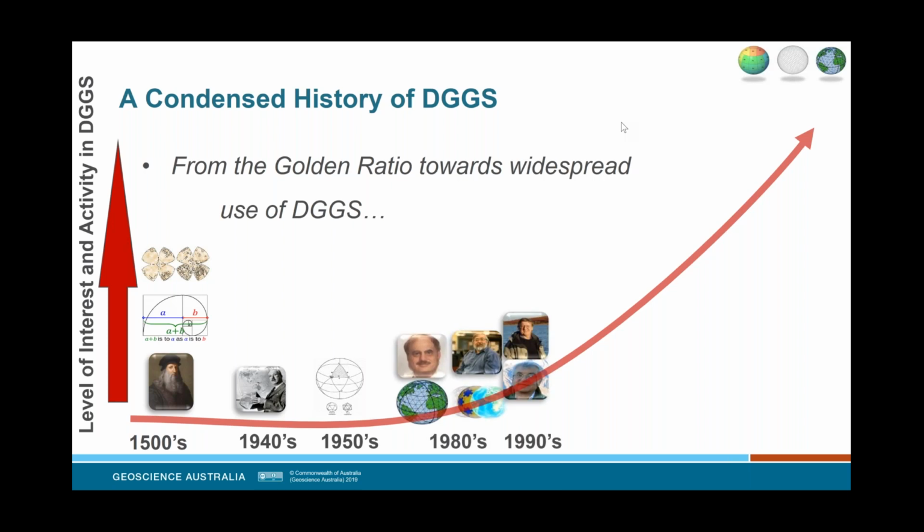And then again, there was another bit of a break in that part until the 1980s and 90s, when Peter Dutton, Michael Goodchild, Kevin Sahr, and John Kimerling did a lot of the heavy lifting from the academic side of things for the fundamentals of DGGS and defining the principles of, well, how would you build a consistent global grid system that worked.